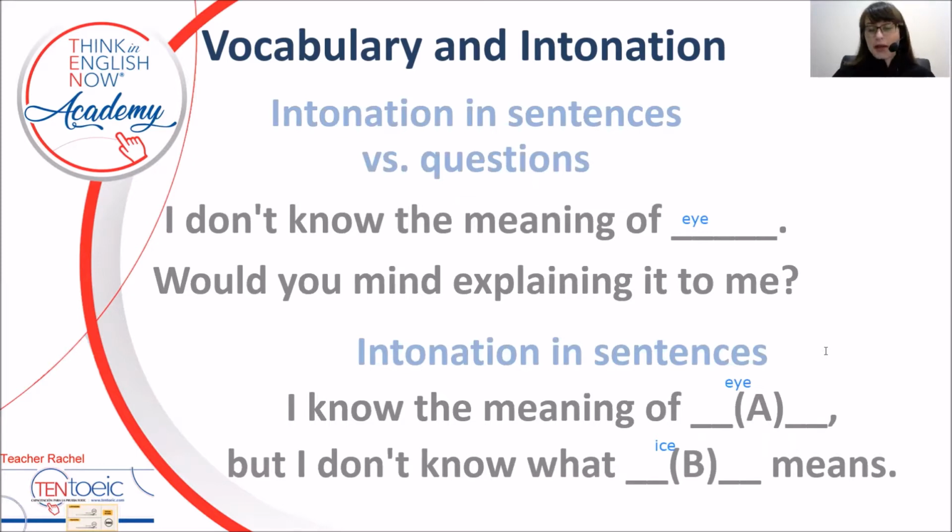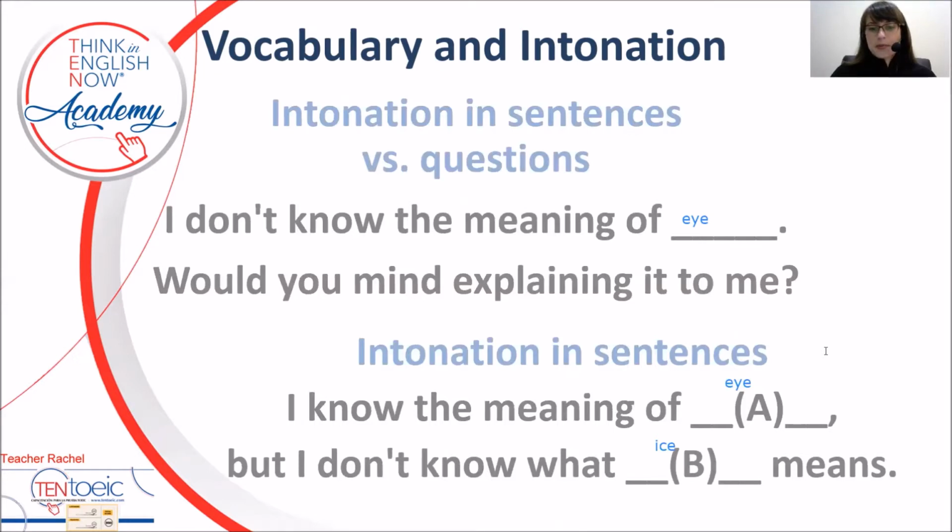So the same thing applies here. We give emphasis to the words that are important, such as the nouns, the verbs, adjectives, or adverbs. And notice how we also kind of go down at the end of each of these sentences, but we give emphasis at the same time, especially to our vocabulary word in part A.